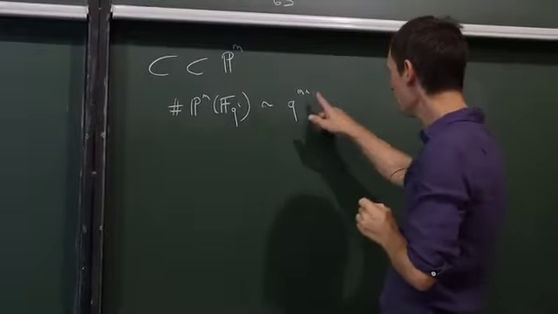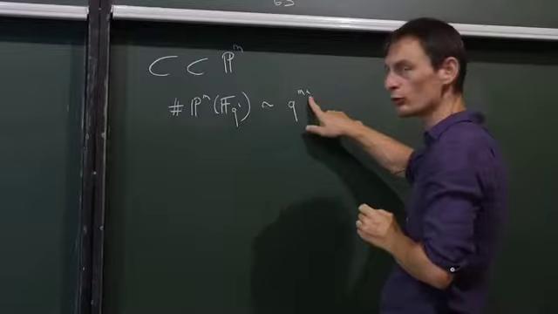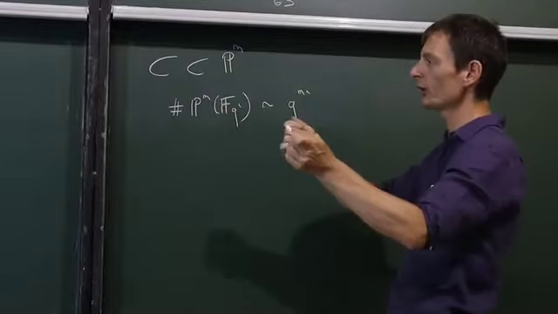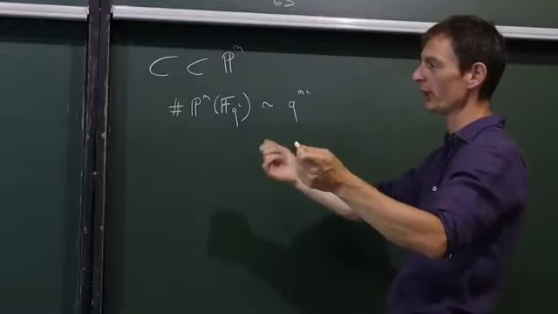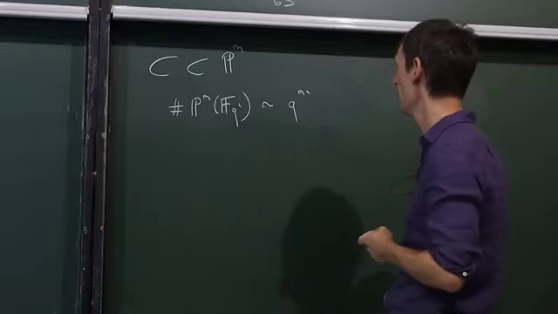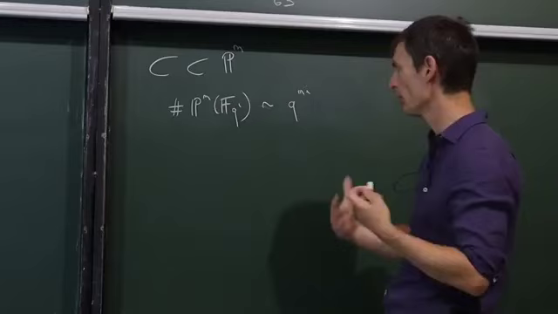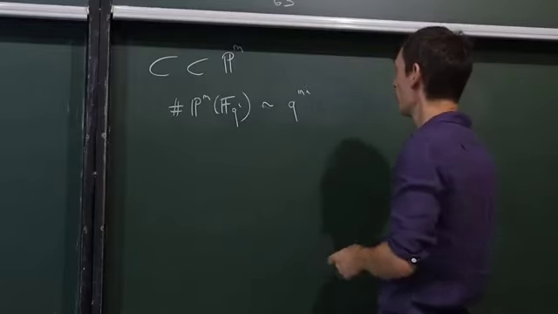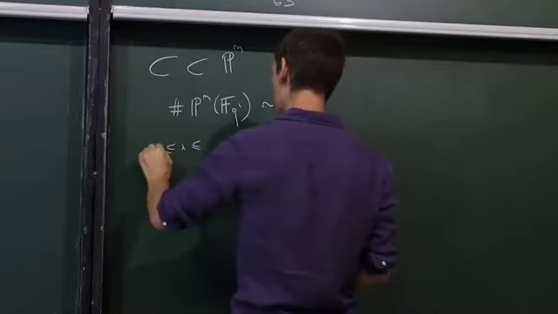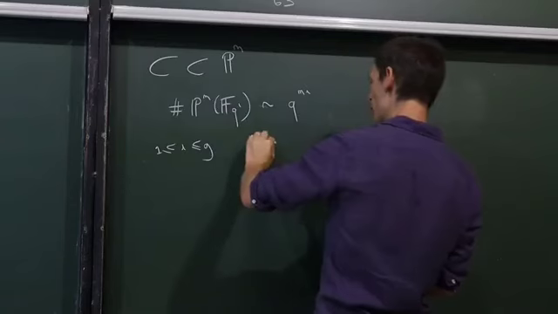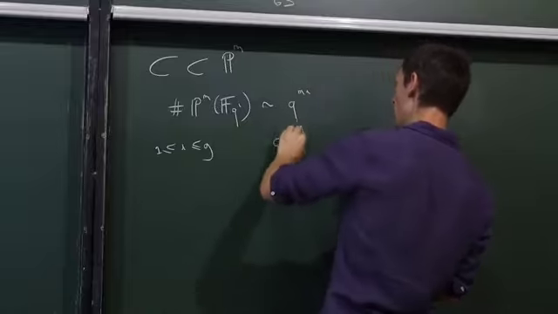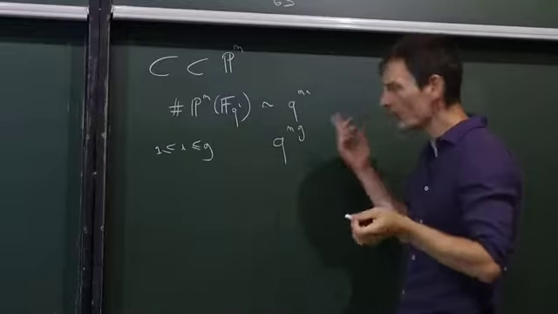And I said you have to go up to 2g, or even maybe g, if you take into account that if you know alpha i, you know alpha i bar, so what you need is only to determine g roots. So let's say you take i up to g. At worst, you will have a number of points to try that would be q^{ng}. And what is n in general?